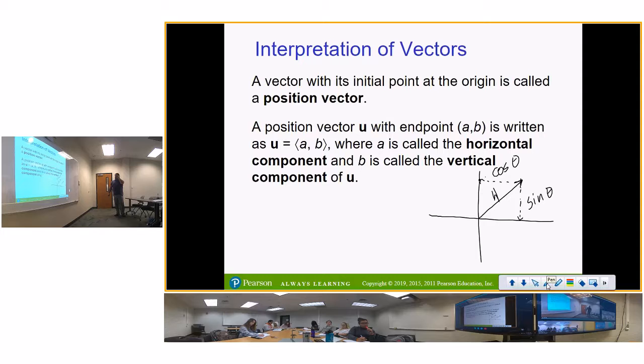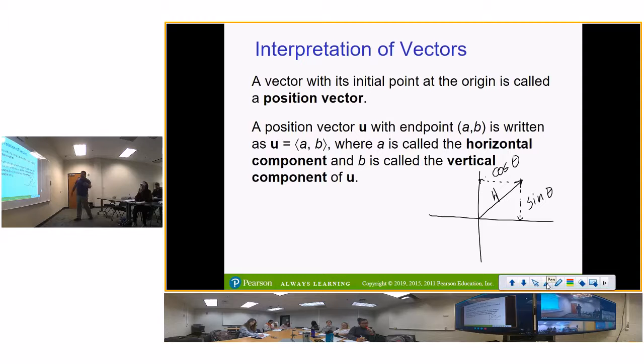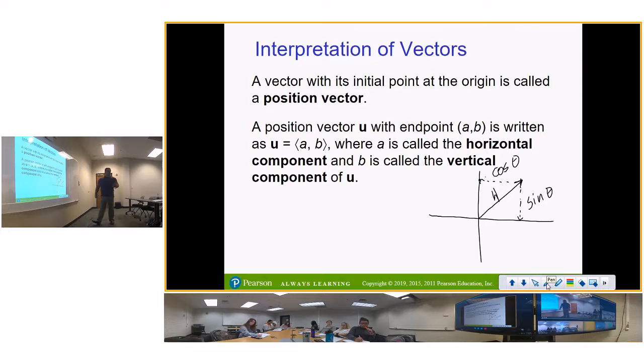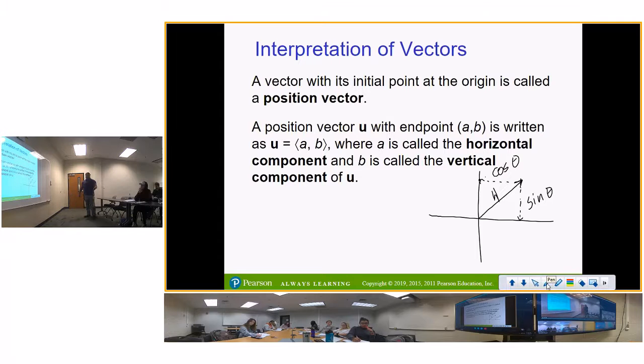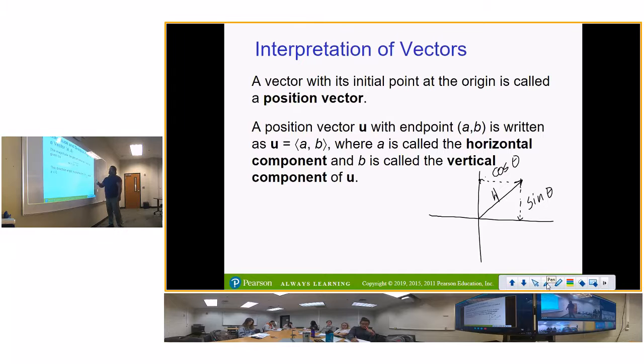Okay? So if you have the cosine of theta and the sine of theta, you can actually find the x component and the y component. We'll get to that in just a minute. You can also use the Pythagorean theorem. You also are going to be able to use the law of sines and the law of cosines when you don't have a perpendicular vector. Okay?